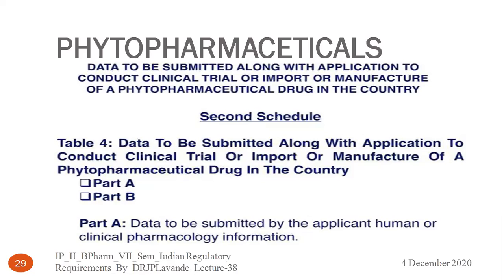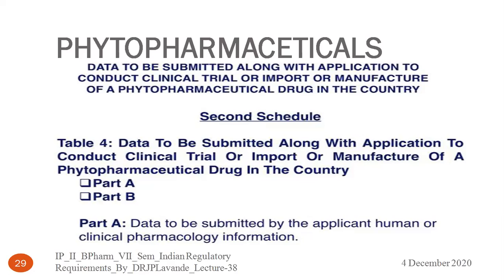Now, as far as phytopharmaceuticals are concerned, the data to be submitted along with the application to conduct the clinical trial, or to import the phytopharmaceutical from other countries, or to manufacture it in India, is in accordance with the second schedule. So the second schedule given in the NDCT Rules.